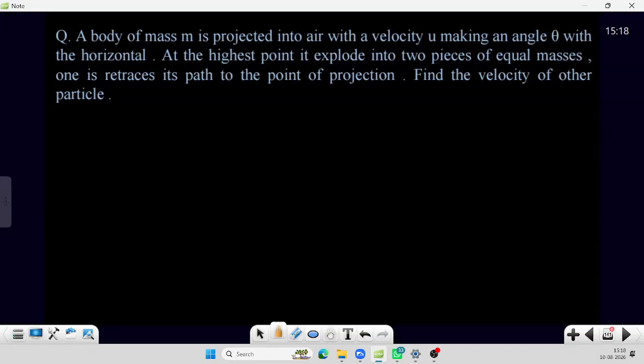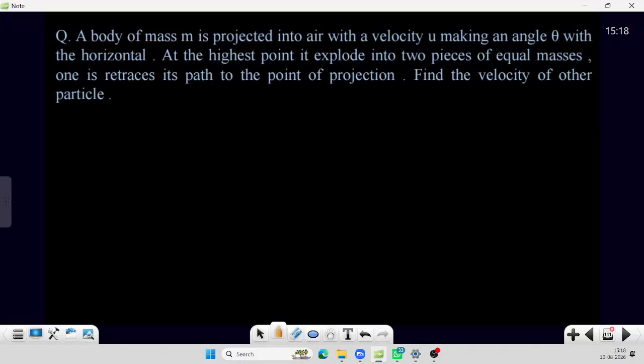A body of mass m is projected into air with a velocity u, making an angle theta with the horizontal. At the highest point, it explodes into two pieces of equal mass. One retraces its path to the point of projection. Find the velocity of the other particle.